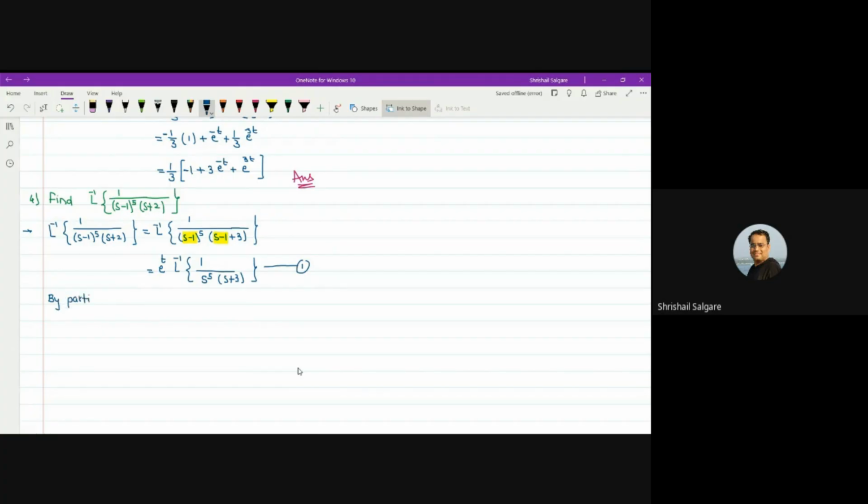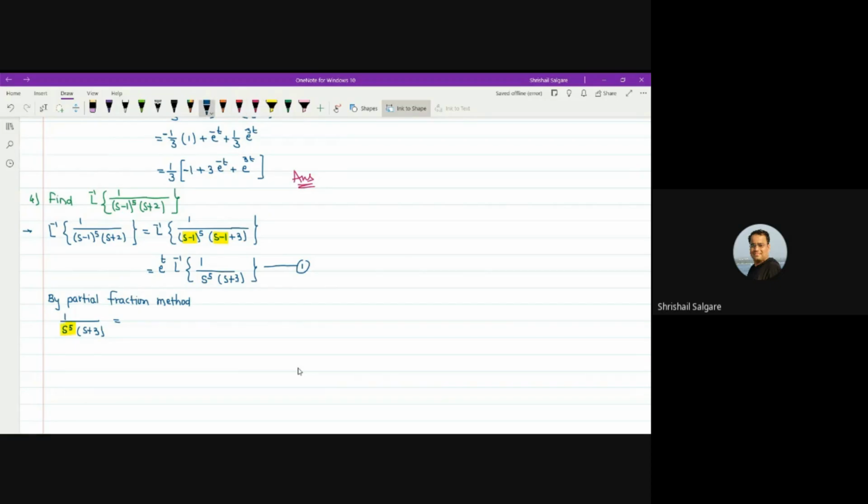By partial fraction method, 1 upon s raised to 5 into s plus 3 can be written as, first the factor s is repeated 5 times and that value you are having exactly at 0. That's why I will represent this term first.